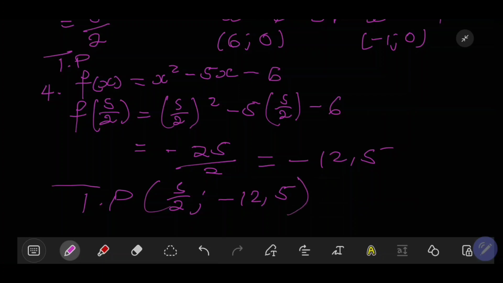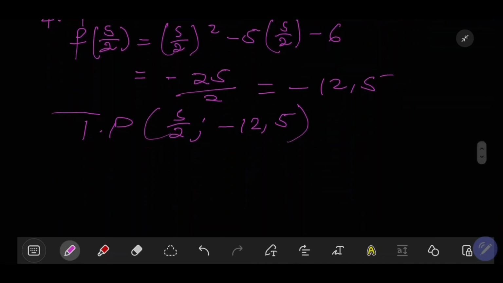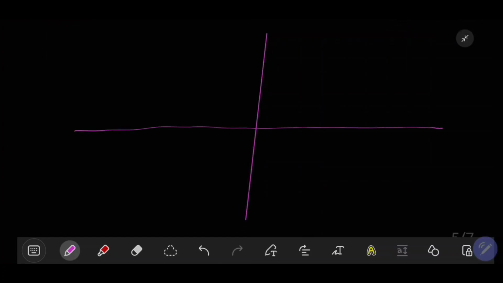So when you have all this information, you can draw your Cartesian plane and start sketching your graph. All right, so now let's try to sketch this graph here. Then we need to draw our Cartesian plane.